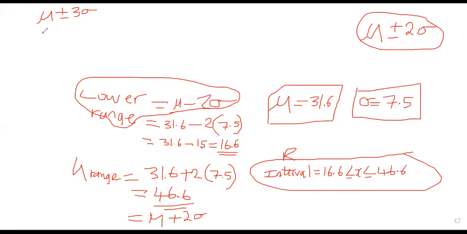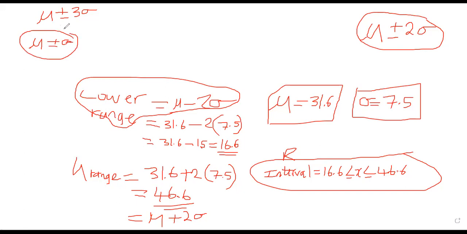So there's only within 1, within 2, and within 3. Within 1, it will be mu positive or negative 1 standard deviation, but you simply say within 1 standard deviation of the mean.